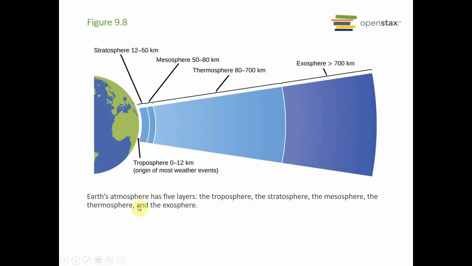The Earth's atmosphere has 5 layers: the troposphere, the stratosphere, the mesosphere, the thermosphere, and the exosphere. The exosphere is also known as outer space. We live in the troposphere, and it says it goes up to 12 kilometers.